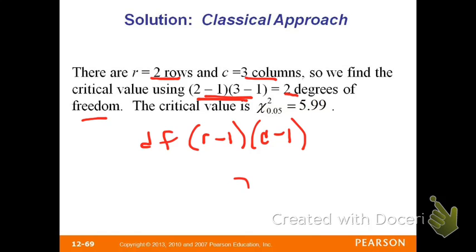The chi-square critical value with 0.05 alpha and 2 degrees of freedom would be this number right here. So the question is, does our test statistic live far enough out in the tail to make you reject the null? We just computed our test statistic. It was way out in the tail, way beyond 5.99, okay?